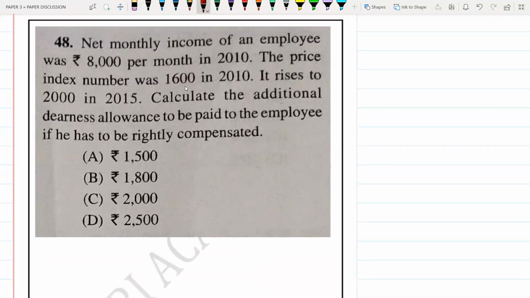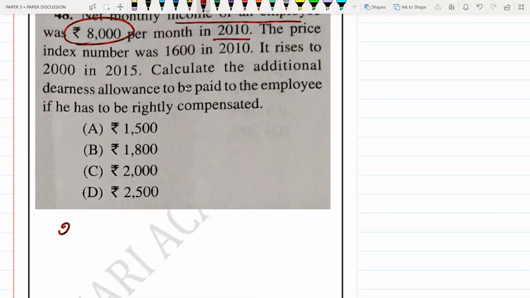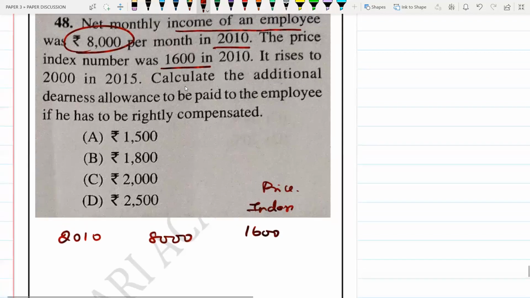48th question, one of the last 3 questions, which is an interesting question. The net monthly income of an employee is 8,000 per month in 2010. In 2010 he is getting 8,000, and the price index is 1,600.